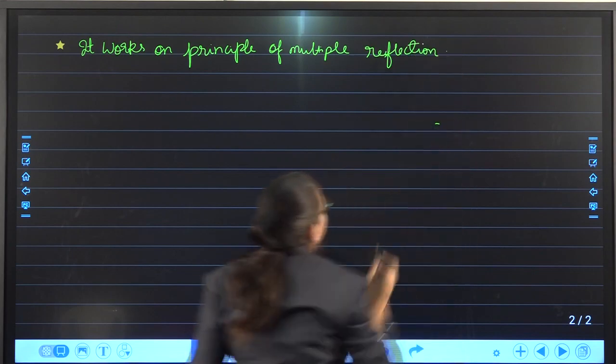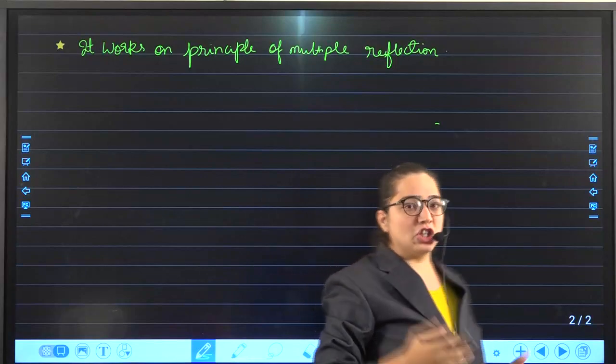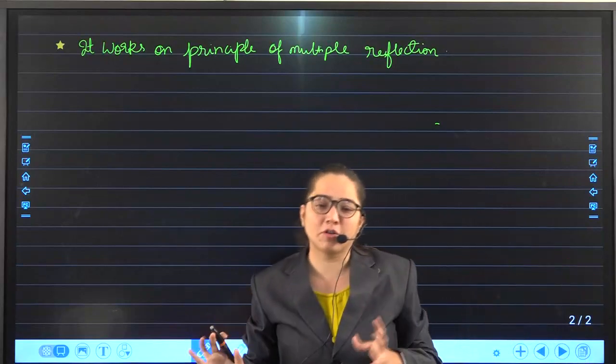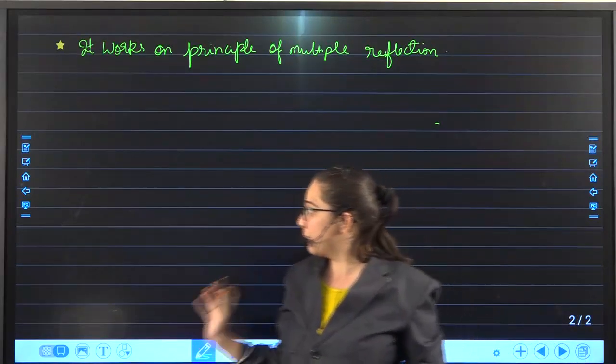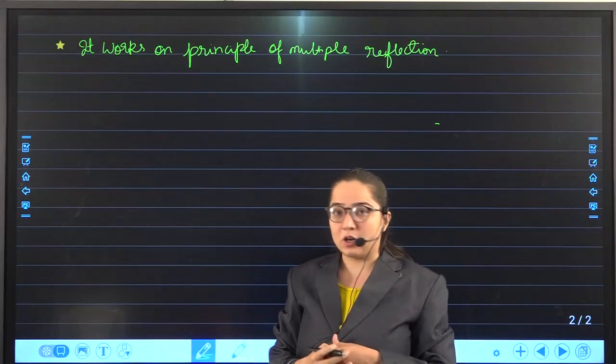That is its basic way of working. More reflections will result in different formations of images, and this is the key concept or basic working phenomenon of a kaleidoscope.